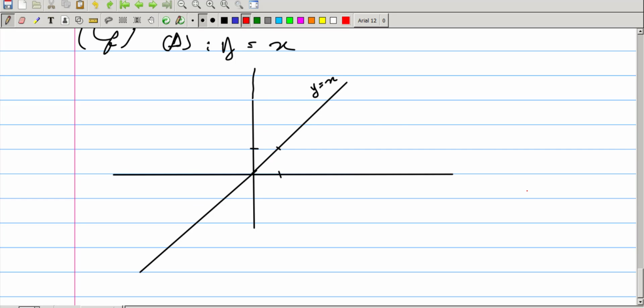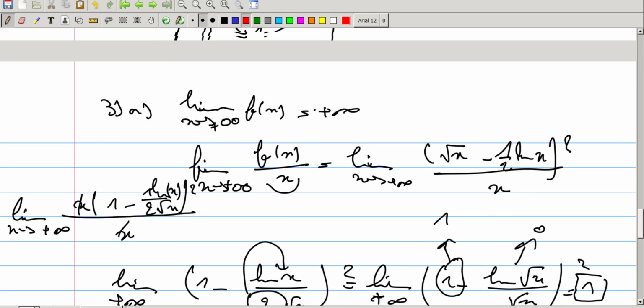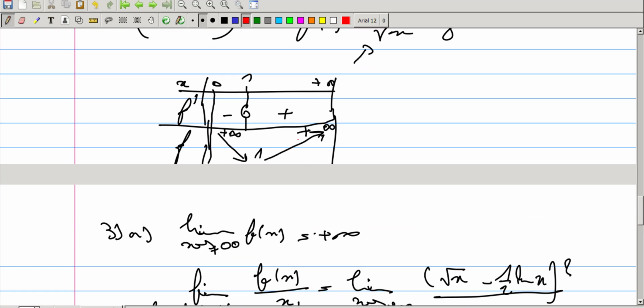We said f of 1 is 1, so it will go to 1. Like this, and this will continue like this, and we can turn back and see, okay, it goes to the point 1, 1.